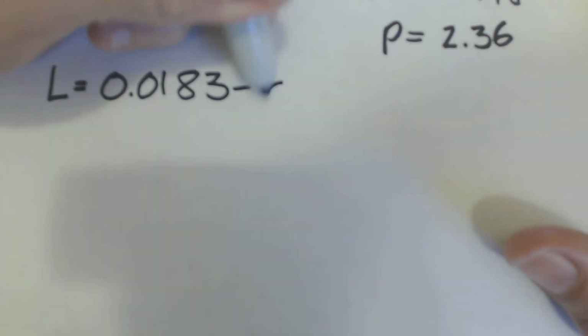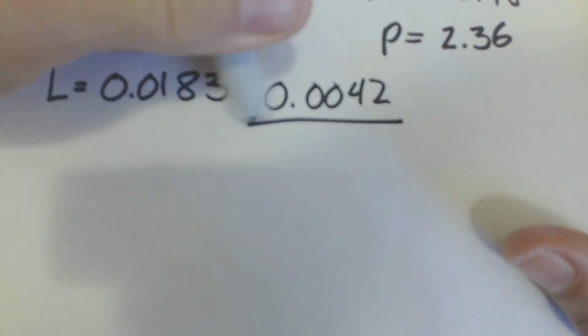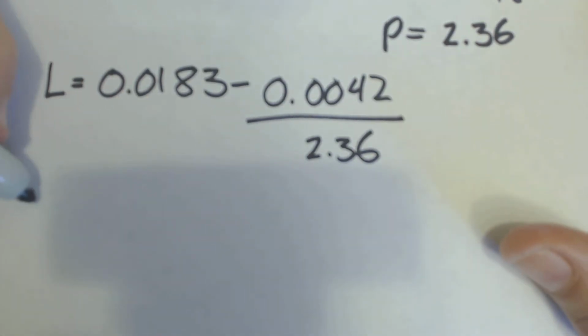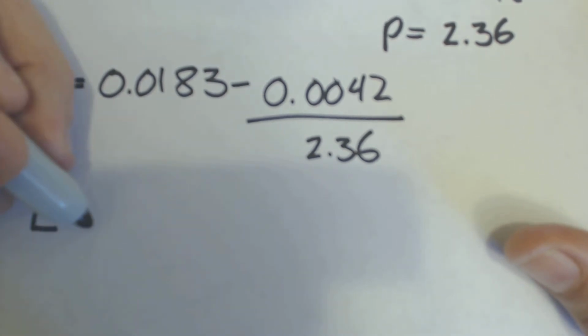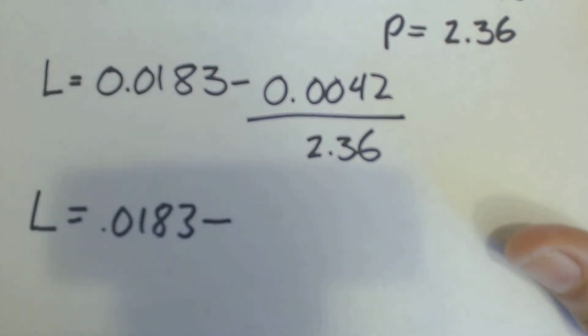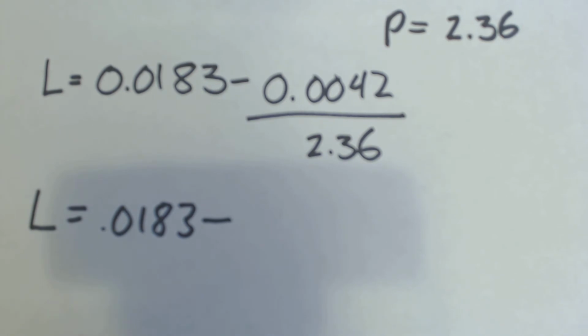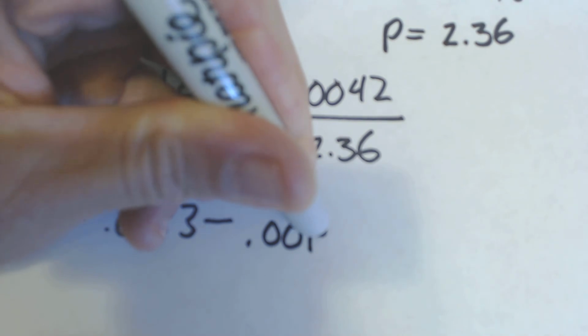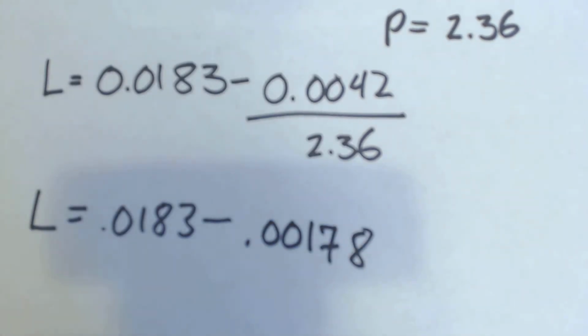And now that I have the price, let's choose the supply equation, which is L equals 0.0183 minus 0.0042 over P. We're going to plug in for P 2.36. So L is going to equal 0.0183 minus 0.0042 divided by 2.36. That's 0.00178, let's say.